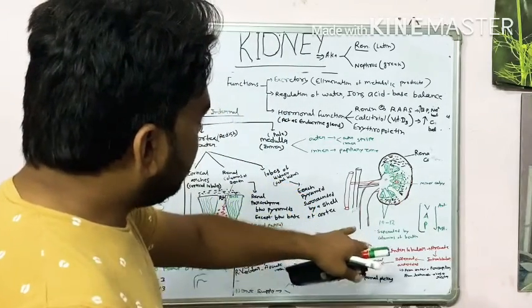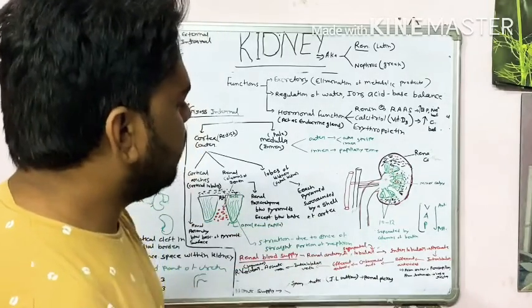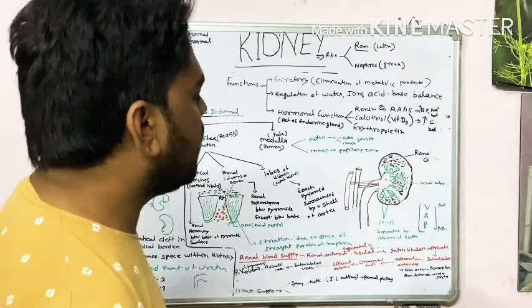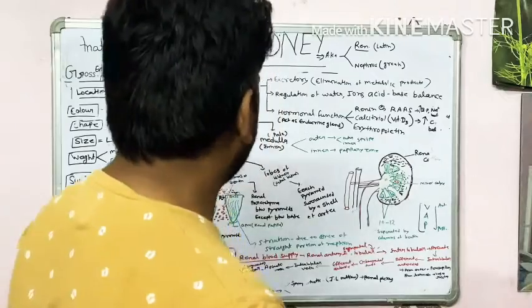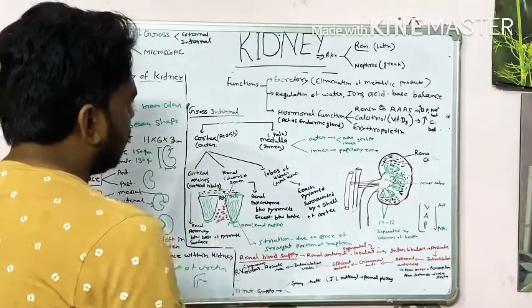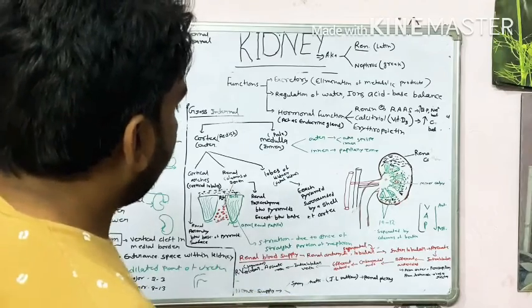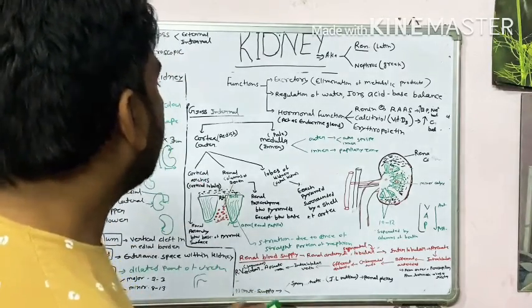The renal pyramids number approximately 10 to 12, separated by columns of Bertin, which are nothing but renal parenchyma. This is about the gross internal anatomy of the kidney.